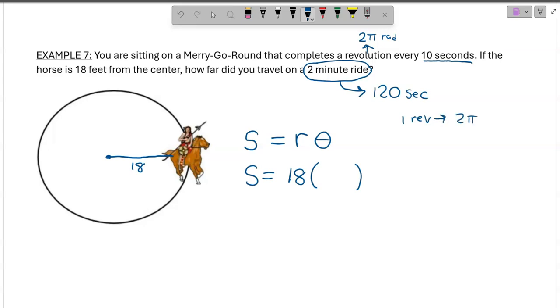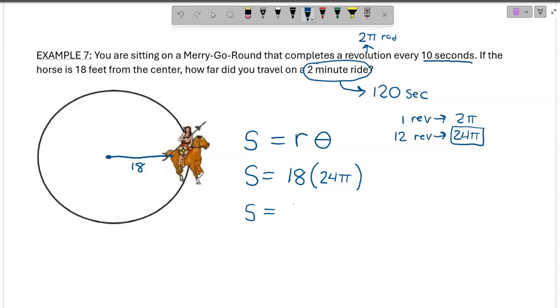In 120 seconds, we would travel 12 revolutions. Another question is, how many 10-second intervals are there in that 120? So that's going to be equal to 12, and we multiply by 2 pi, which is going to be equal to 24 pi. 12 revolutions over the course of 2 minutes. So that's what we're going to plug in here. And that was the tough part of this problem, what theta was going to be.